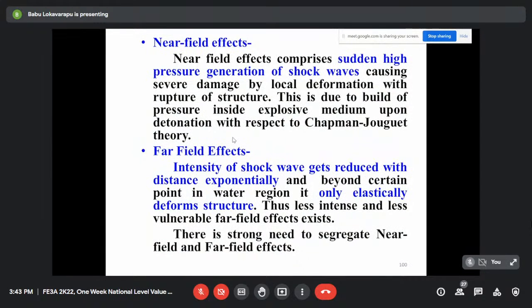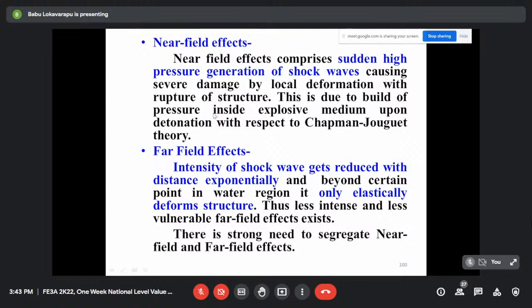Okay. Now, the last thing is near field effect and far field effect. The main idea here is that near field means anything in that zone can be damaged severely. This is what near field is. It comprises sudden high pressure generation of shock waves, causing severe damage by local deformation with rupture of the joint, structure or system.